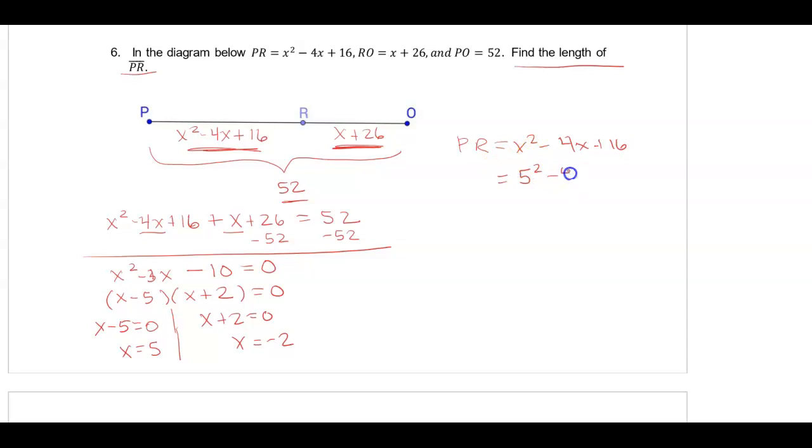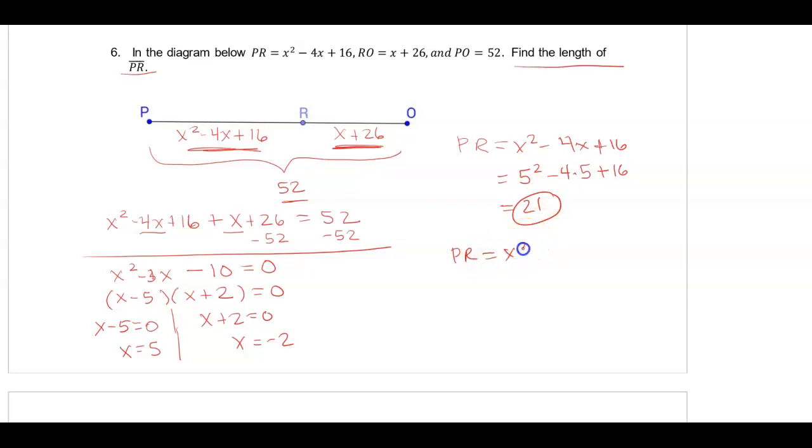So I get 5 squared minus 4 times 5 plus 16, and that ends up being 21. You can use your graphing calculator to calculate these. So 21 is an appropriate answer for the length of a segment, so that's a good answer.